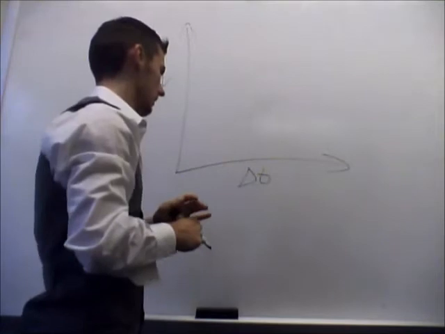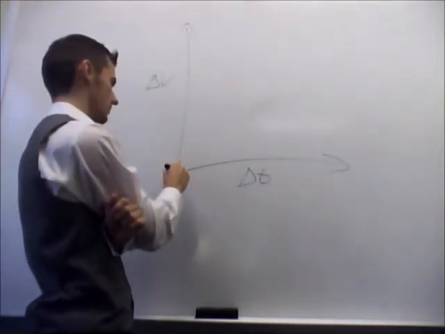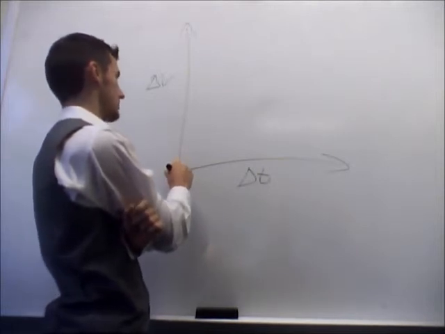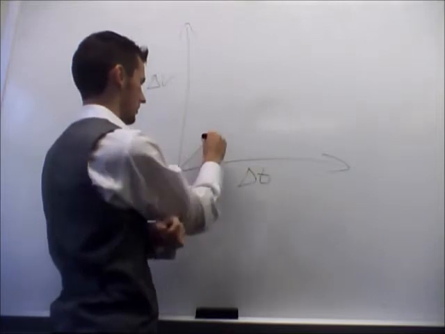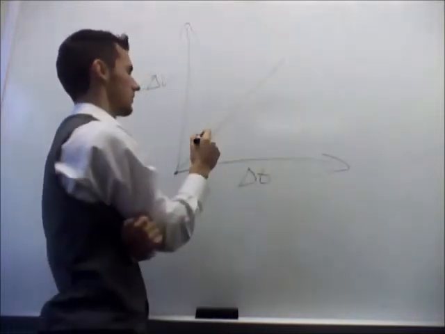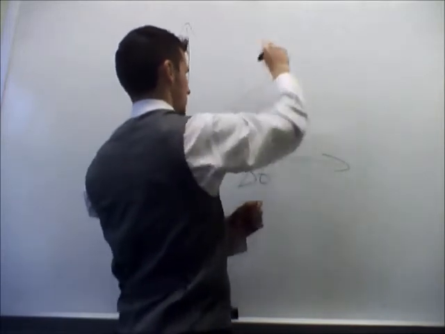And so what we're going to look at here is we're going to start at 0, 0, and as time increases, velocity is going to increase. And I'm just going to draw a very straight line. So its slope is 1, and so this is your line.